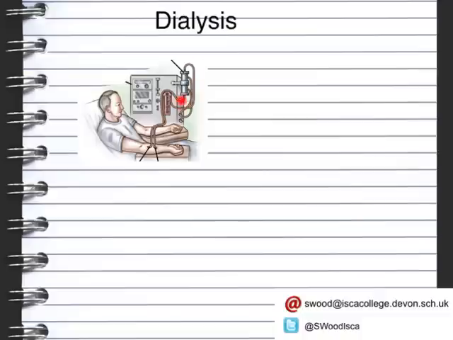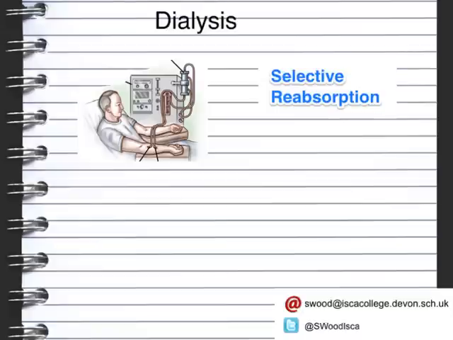When it gets into the machine, it comes into contact with a selectively permeable membrane, so it does the same job as the selective reabsorption in the kidneys. Now, the waste is then able to diffuse from the blood into the dialysis fluid, and then sodium and glucose are replaced back into the blood. The blood then goes back into the body.